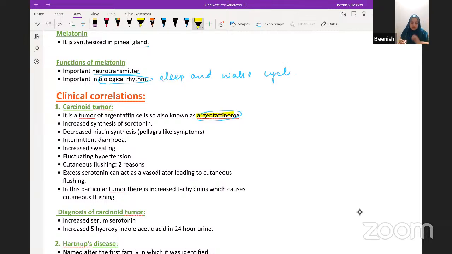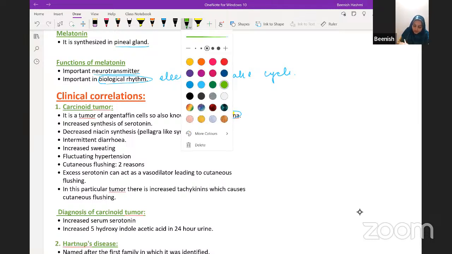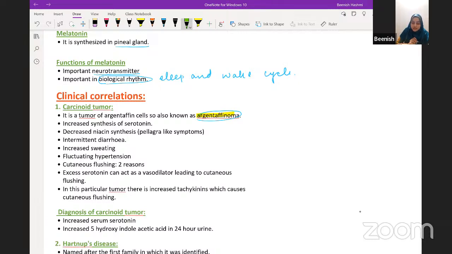And what are argentaffin cells? We've just discussed that they are cells of the GI which produce serotonin and are necessary for GIT motility.